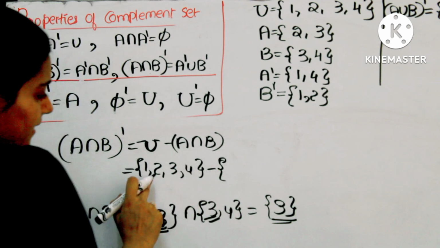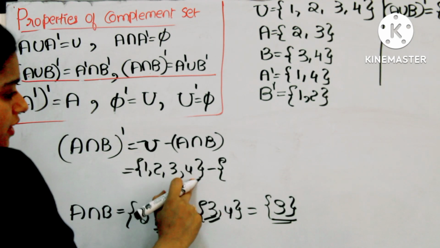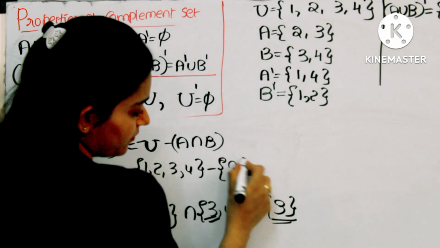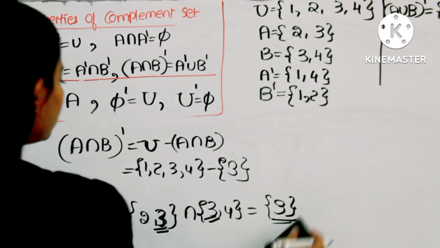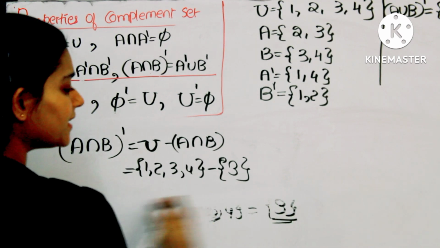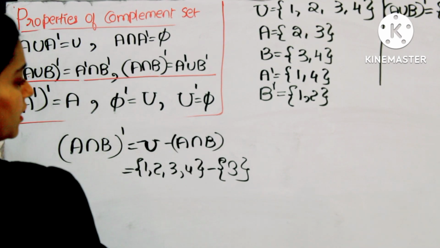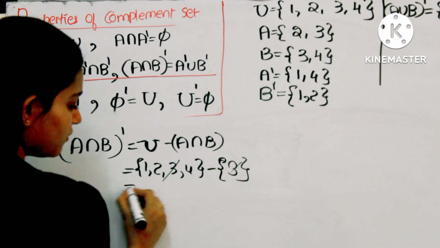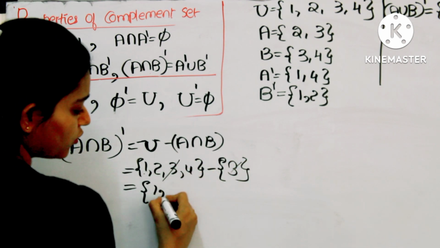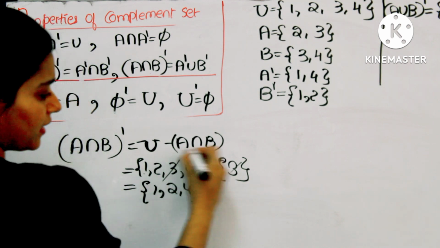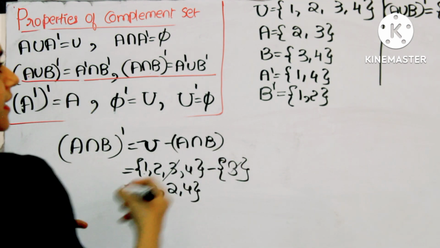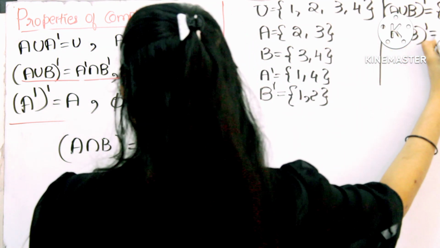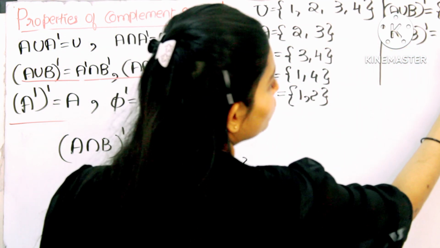Now this is the universal set 1, 2, 3, 4. We need A intersection B here, so write this 3 here. Now U minus A intersection B, so you have to subtract 3 from U. What is remaining? 1, 2, 4 is remaining after removing A intersection B. So A intersection B whole complement is 1, 2, 4.